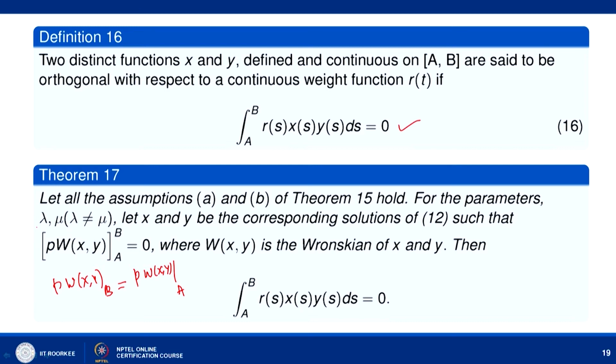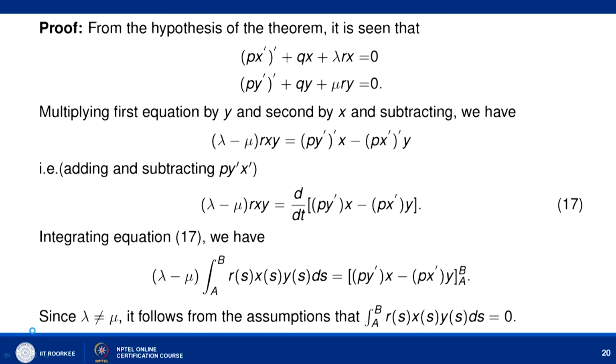It means that when lambda and mu are not equal, then corresponding to lambda, let us say x is the solution of the Sturm-Liouville boundary value problem, and corresponding to mu we have y as a solution of the boundary value problem, then x and y are orthogonal to each other with respect to the weight function r of s. So, let us prove this, and this is true when we have the following condition.